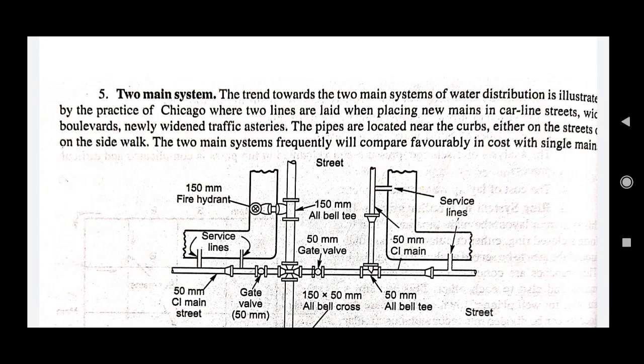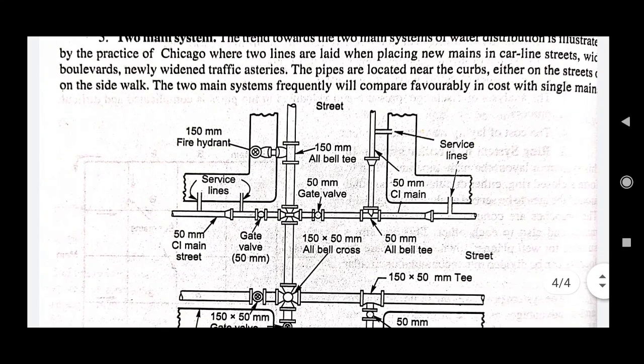But this system lays the pipeline near the curbs of the street, which does not affect the movement of the traffic that much. So this is a very favorable system, and it is gaining prominence over the single main system these days.